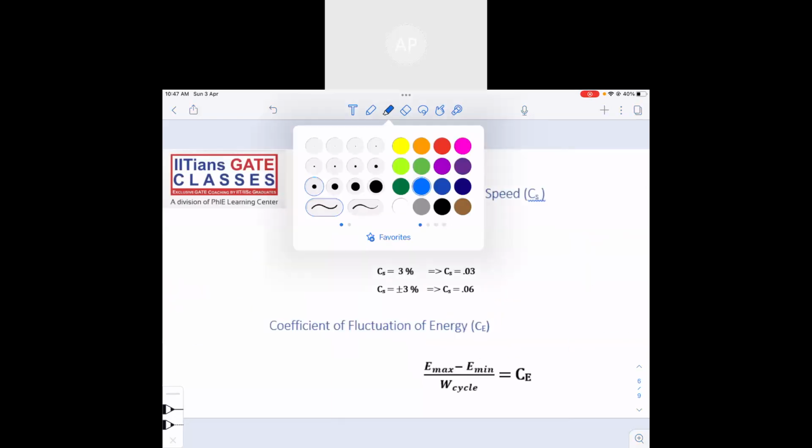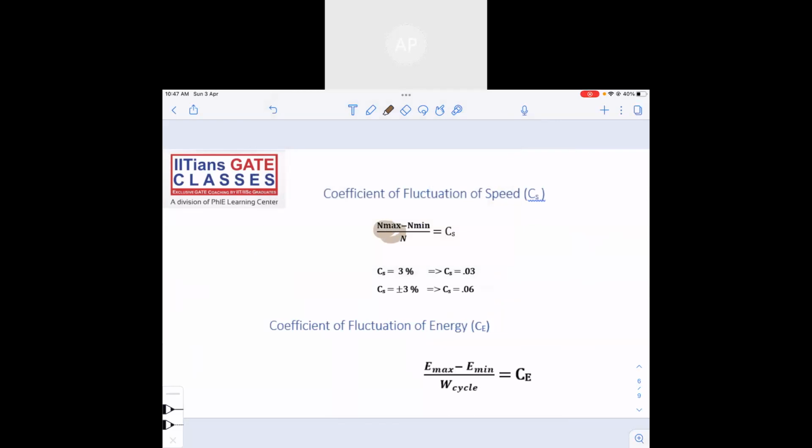Because this ratio, that is N max minus N min divided by N, is called the coefficient of fluctuation of velocity. And this color is good. Coefficient of fluctuation of speed, sorry. What is N here? Let me define what N is. N max, I have already seen what N max is.